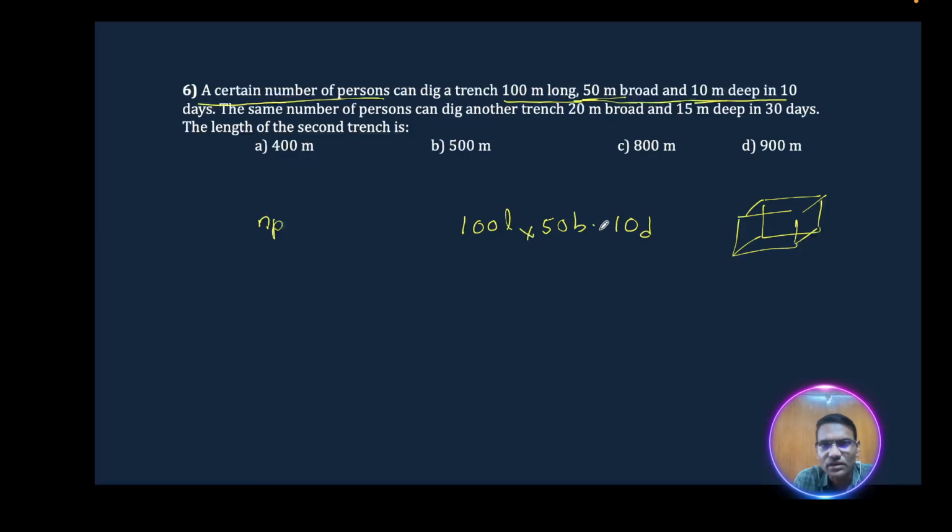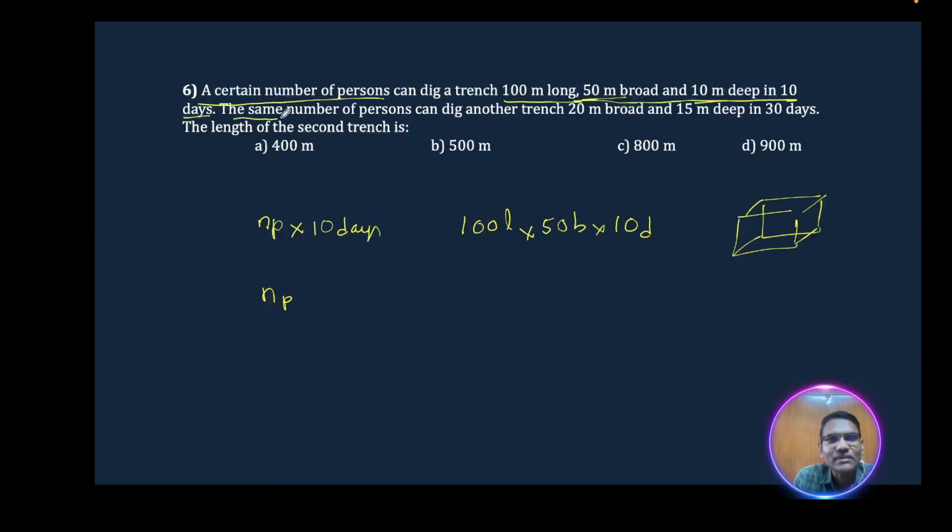This is all work taking as one unit, and the same number of persons, that is n number of persons, can dig another trench. And one particular information I am missing here, 10 meters deep in 10 days. That 10 days we consider in the left side itself, 10 days, right?